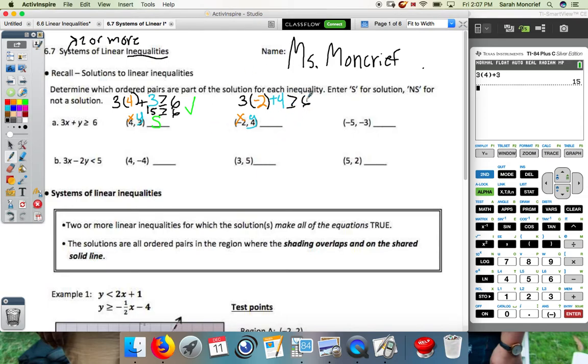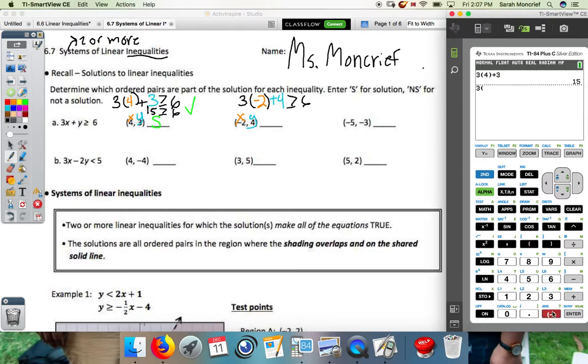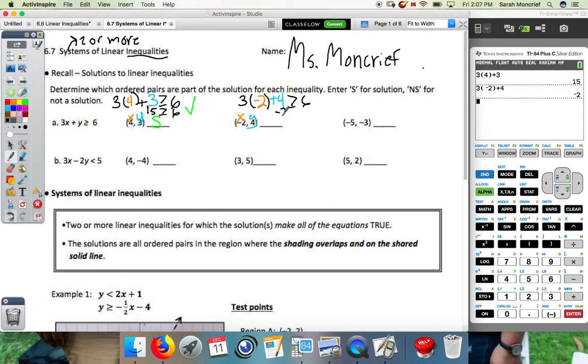I know you guys can do all that math, but let's just check it out. 3 times negative 2 plus 4 got us negative 2 is greater than or equal to 6. Is negative 2 greater than or equal to 6? No, it's smaller. I'm going to do that in red. No, negative 2 is not greater than or equal to 6. So this is not a solution.